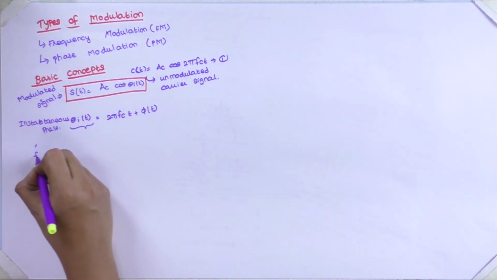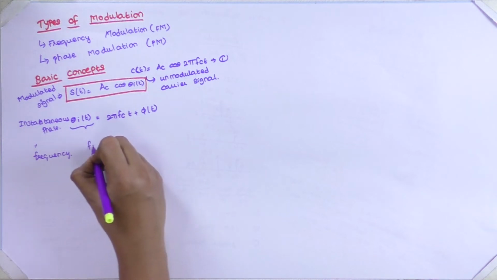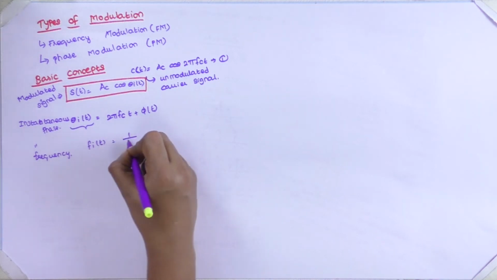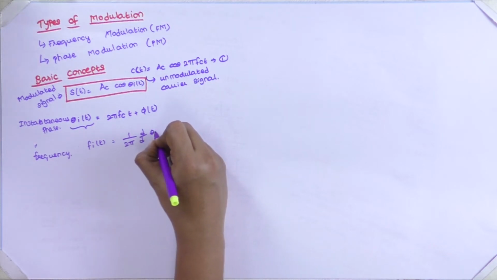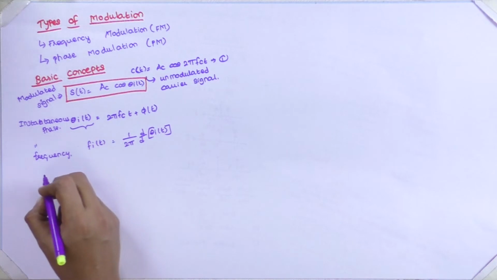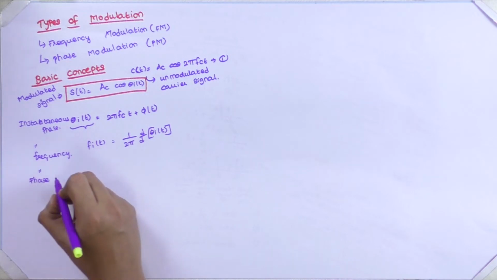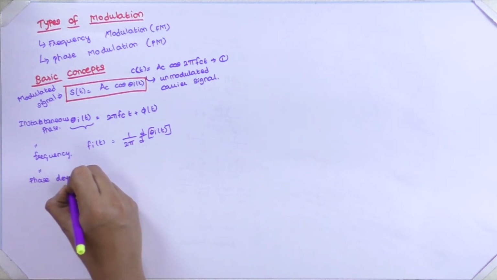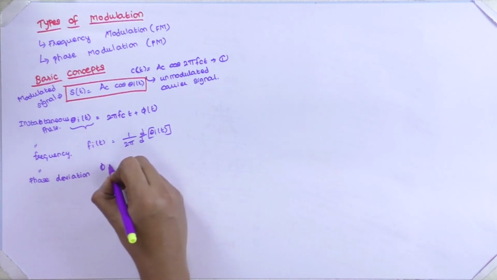Instantaneous frequency is given by fi of t, which is equal to 1 by 2 pi d by dt of theta i of t. Instantaneous phase deviation is given by phi of t.